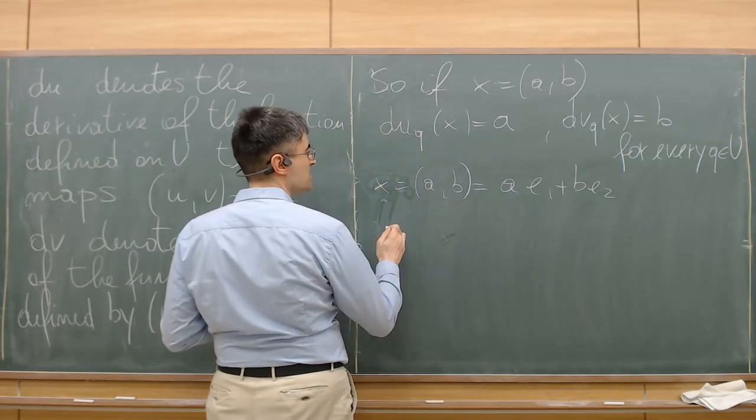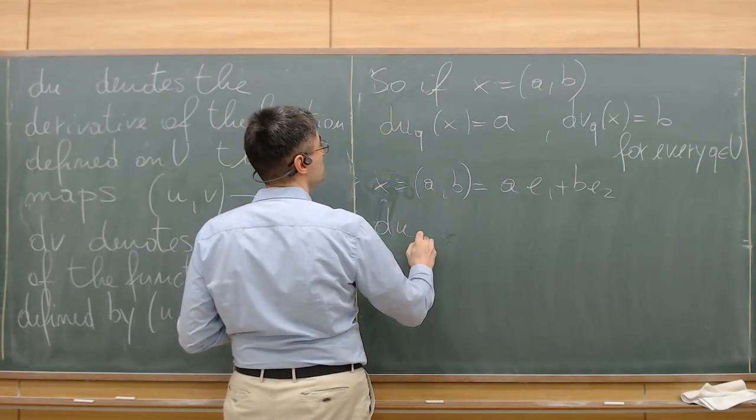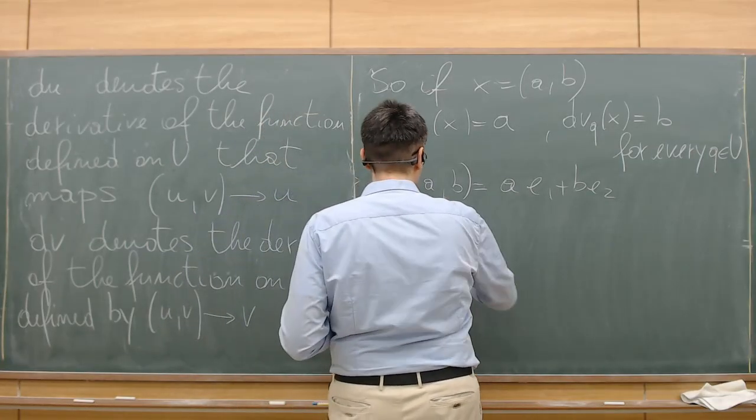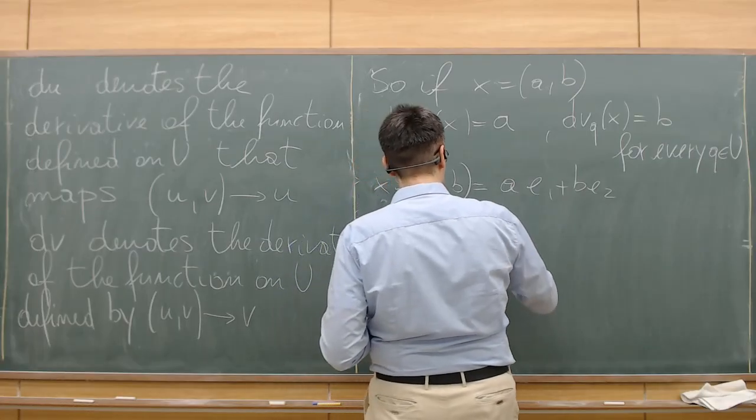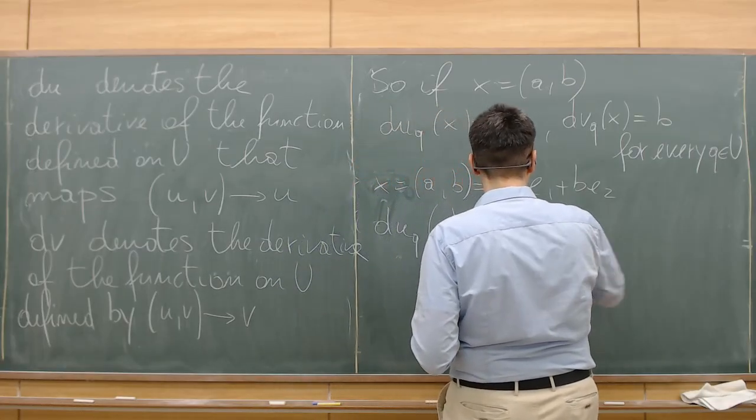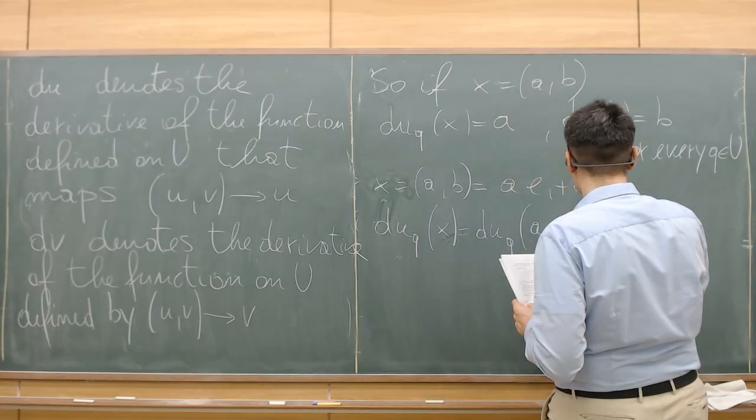Then what is du q of X? This is du q of a e1 plus b e2.